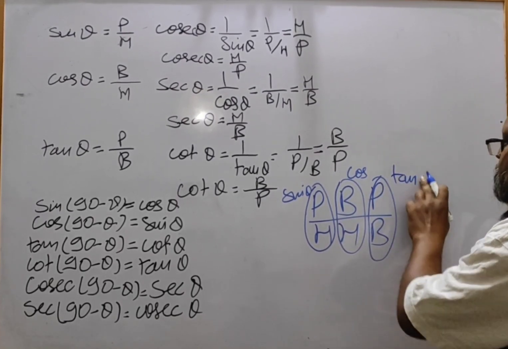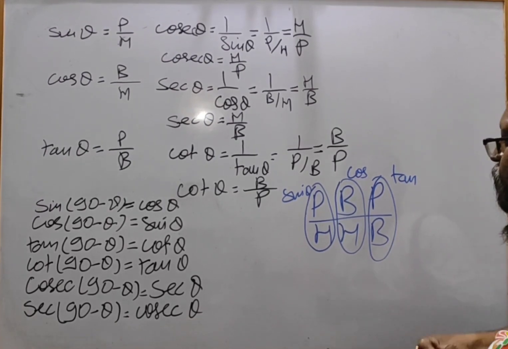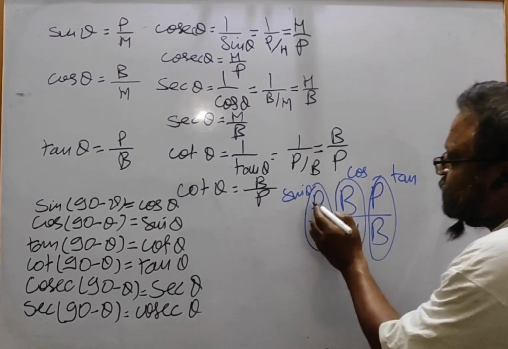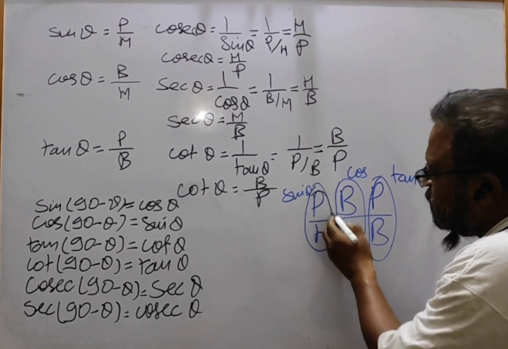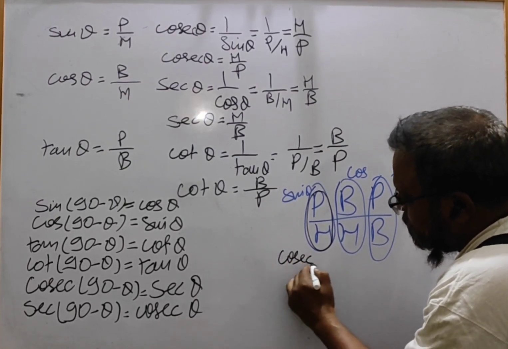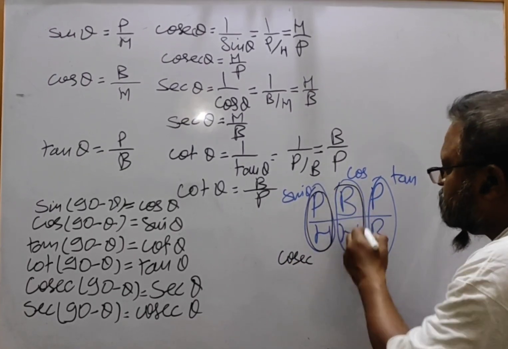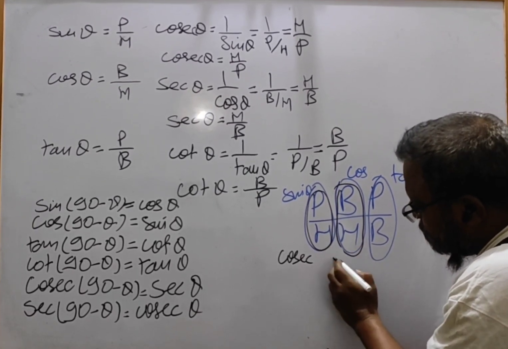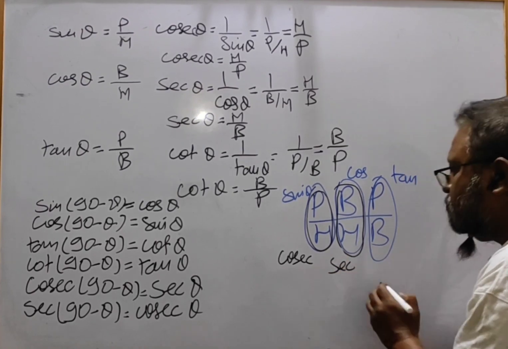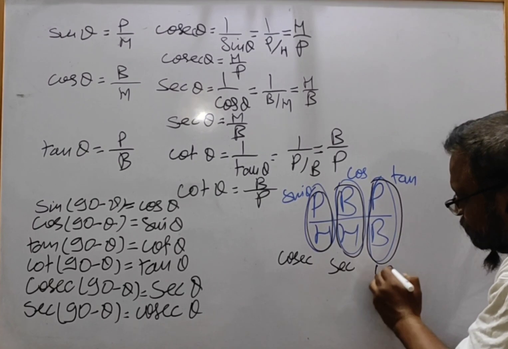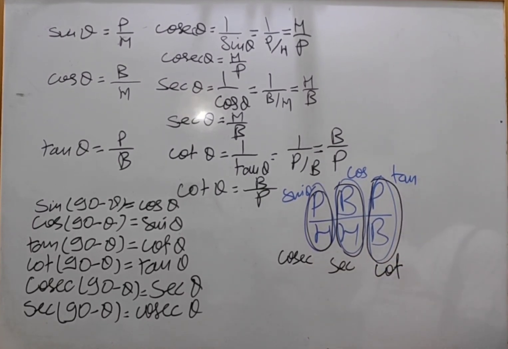And if you go to the inverse of these, it becomes cosec, sec, and cot. So this is what we call Pandit Badri Prasad Har Har Bole.